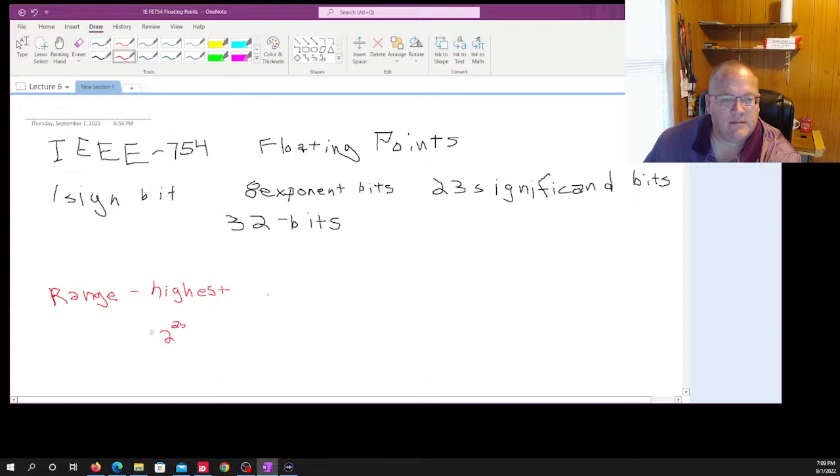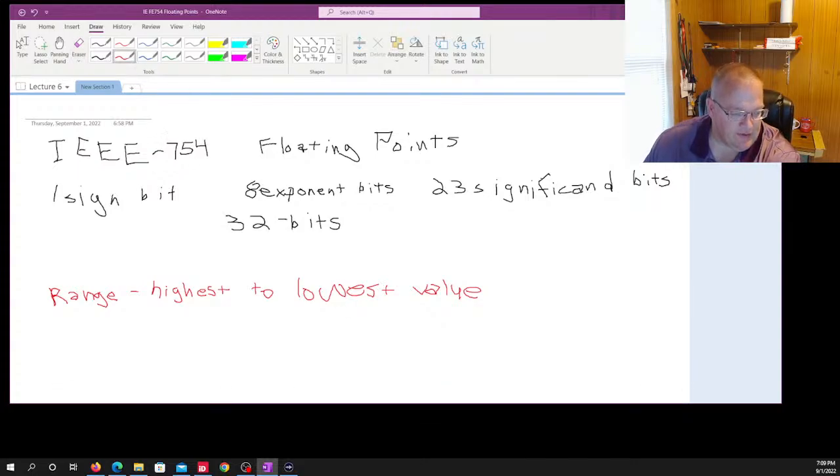Guess I get to write that highest to lowest value. And we're going to erase it. And actually, we're just going to look it up because we can do that.